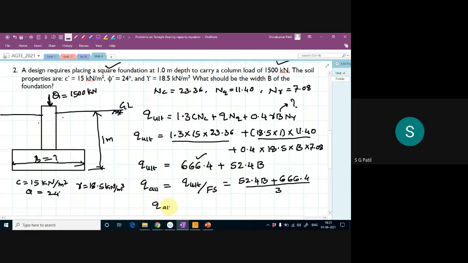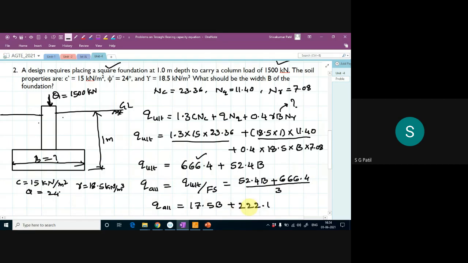If you simplify this, q allowable is equal to 17.5 times your width of footing plus, if you divide 666.4 by 3, you will get 222.1. So simply 52.4 into B you divide by 3, and 666.4 you divide by 3. I will get this, simplified.